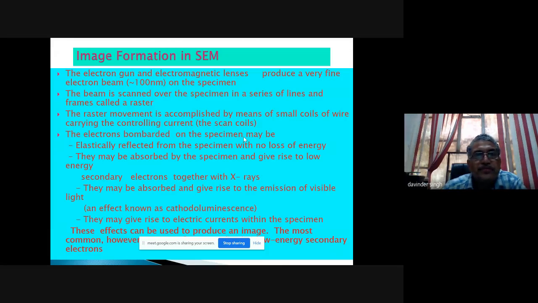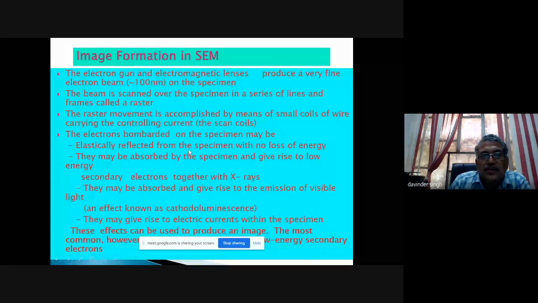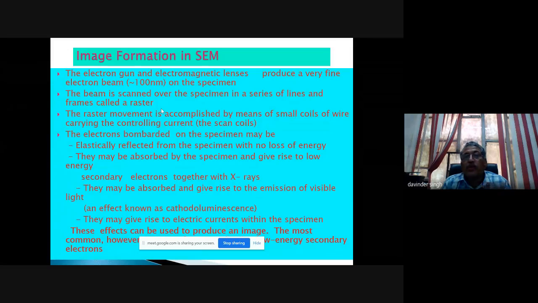We can have this idea about the image formation in case of electron microscopy, how it forms. So secondary electrons generally, as I told you, most of the systems are using, and then movement of the beam line by line, means the raster movement is a very common phenomenon.